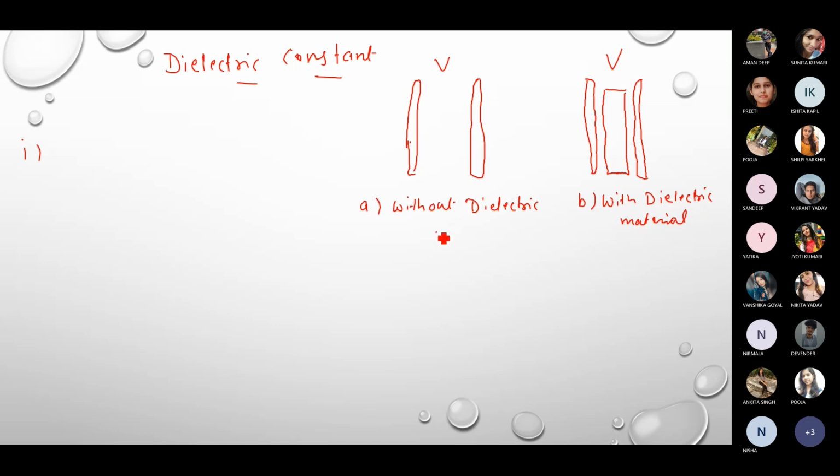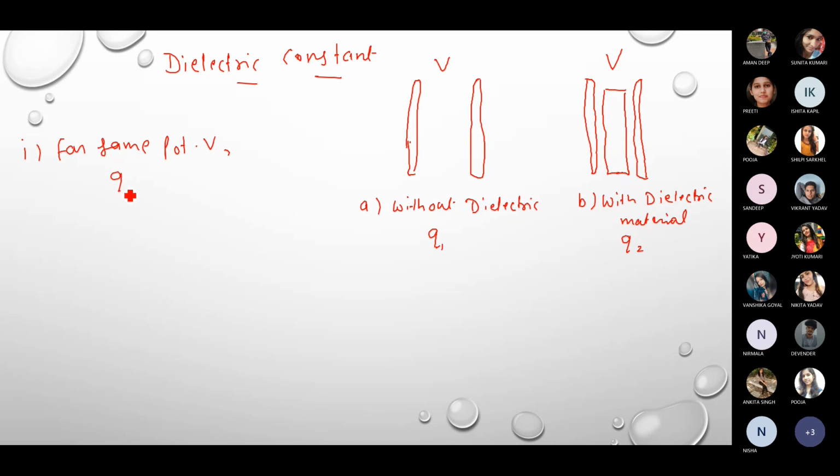So let's say if Q1 is the charge stored by this capacitor, and if Q2 is the charge stored by another capacitor, then in that scenario, for same potential V, if same potential V is given to these two systems, then the charge on the one containing the dielectric must be higher as compared to the charge without dielectric.